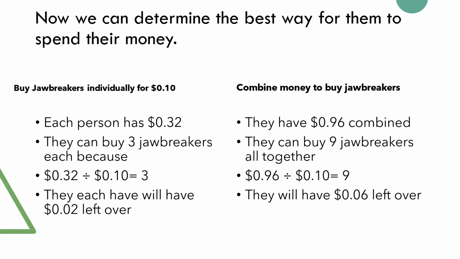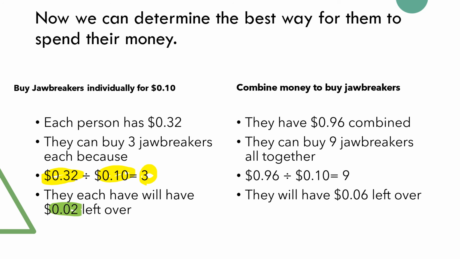If they bought jawbreakers by themselves with their own money, each person has 32 cents. They can each buy 3 jawbreakers because they take their 32 cents and divide it into 10 cents for each jawbreaker and they get 3 jawbreakers. If they do that, they'll have 2 cents left over.